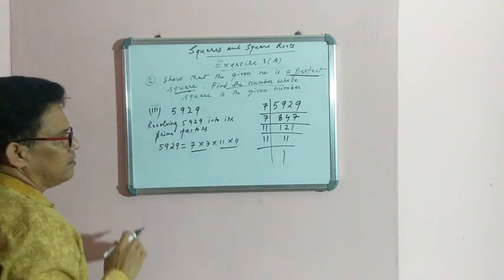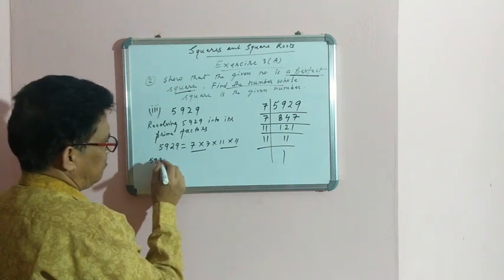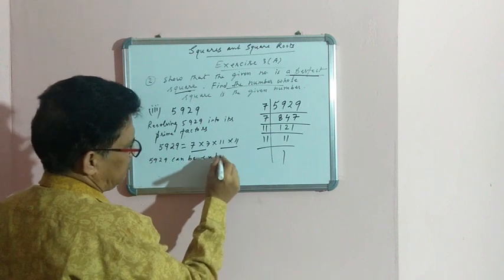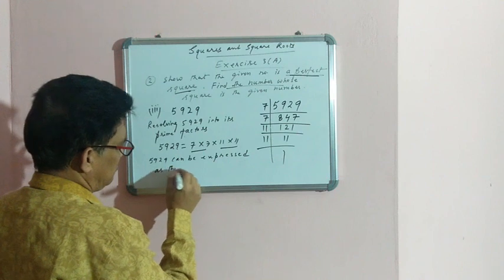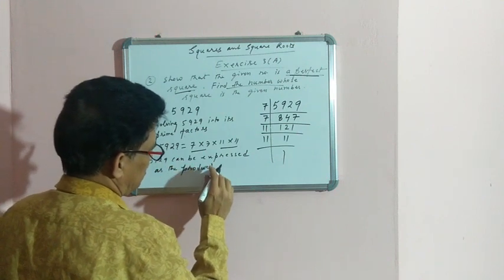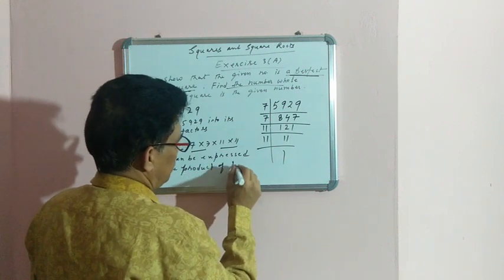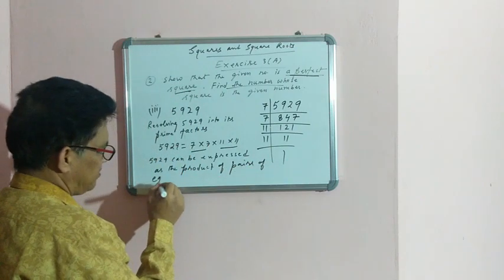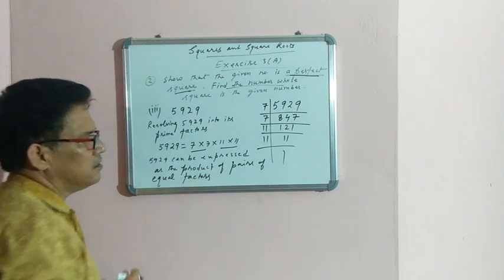Now 5929 can be expressed as the product of pairs of equal factors.